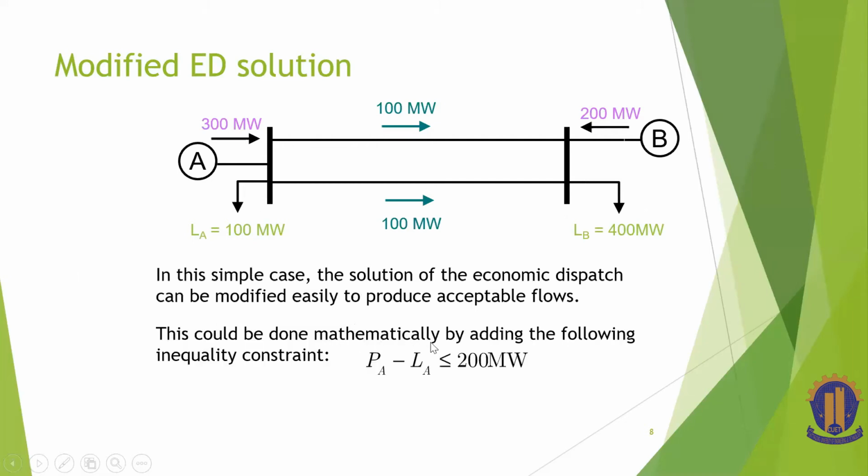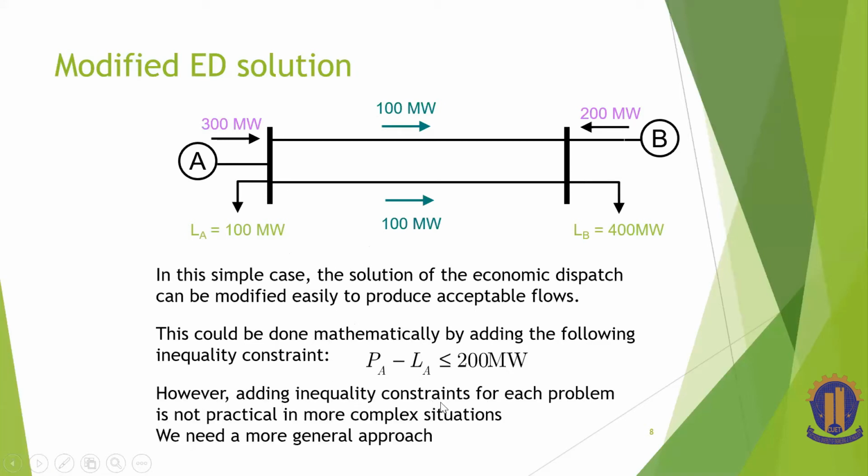This could be done mathematically by adding the following inequality constraint: the generation from PA, from generator A, minus the local load amount, should be less than or equal to 200 megawatt.